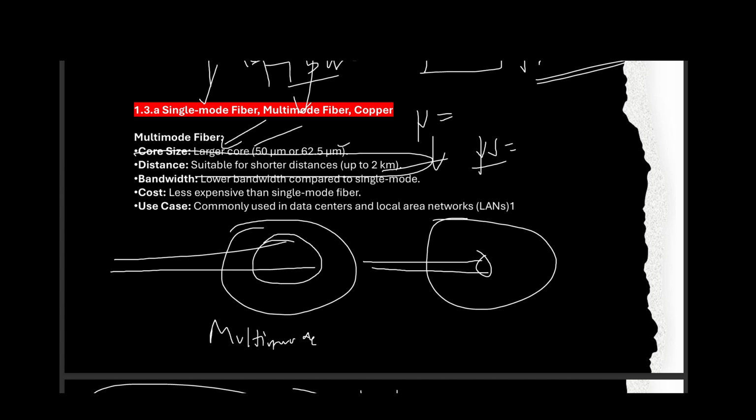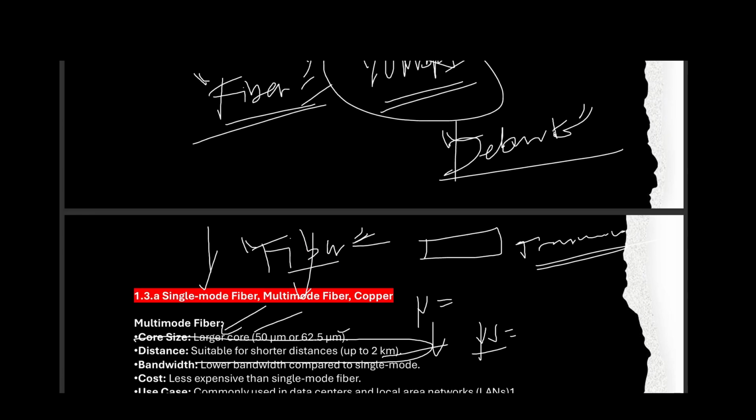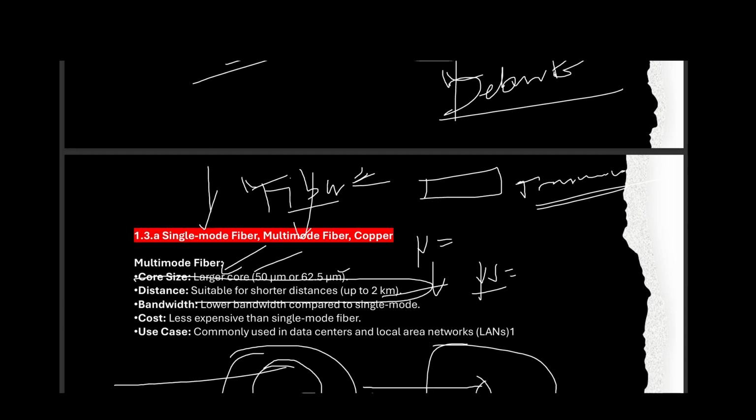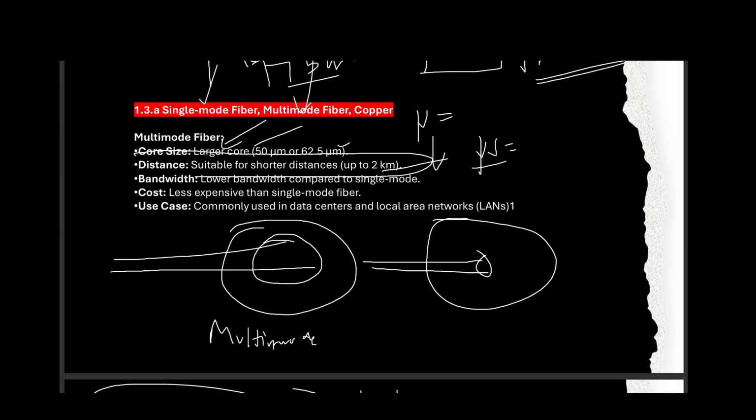If you compare the multi-mode, it's way bigger compared to the single mode, and that's also the reason why single mode can travel way farther, because it's much more concentrated. That's how we transfer data, the light goes through those fiber links.